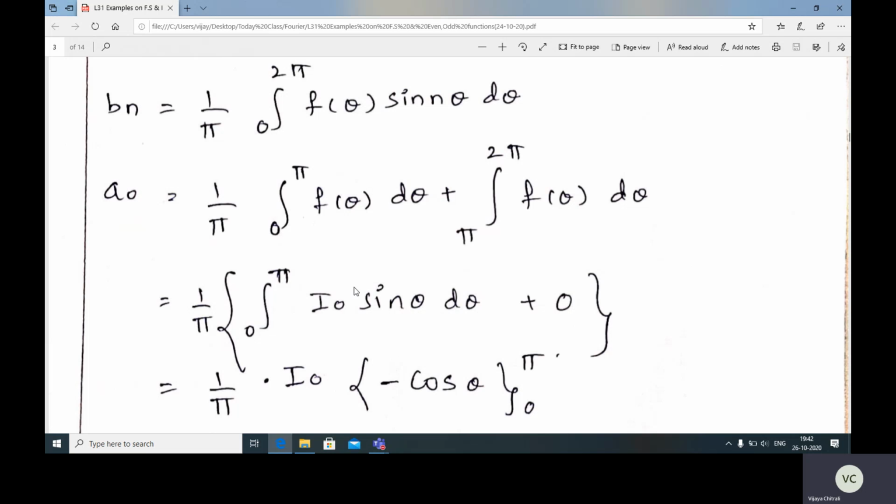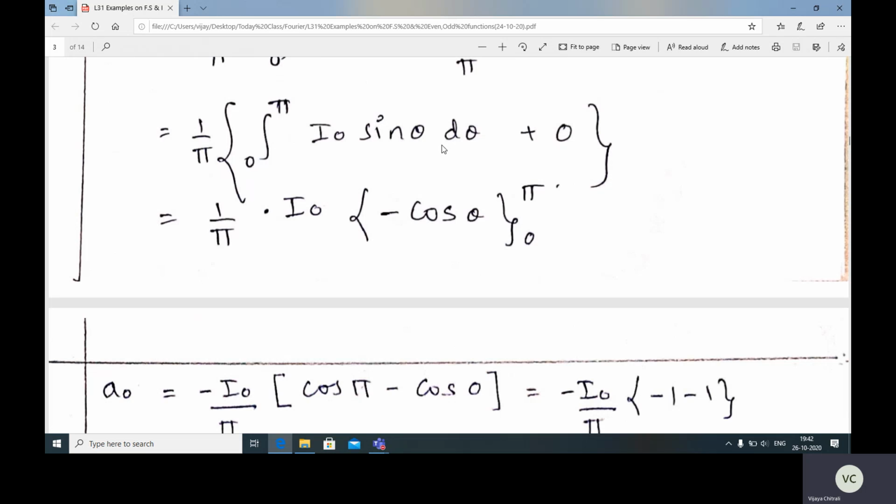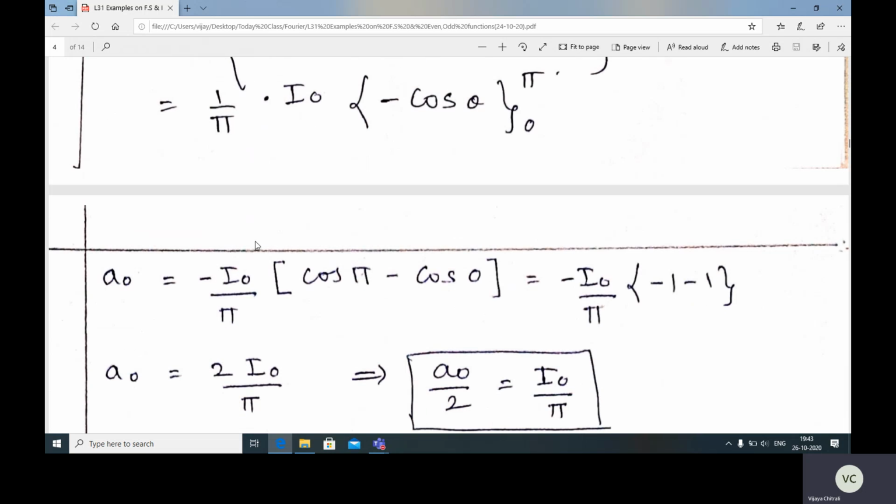So 1 by pi, and I naught is a constant, take it outside, and the integration of sine theta will be minus cos theta, with theta from 0 to pi. In place of theta substitute the upper limit, that is pi, and minus, in place of theta substitute the lower limit, that is 0. So a naught is equal to minus I naught divided by pi, cos pi minus cos 0.